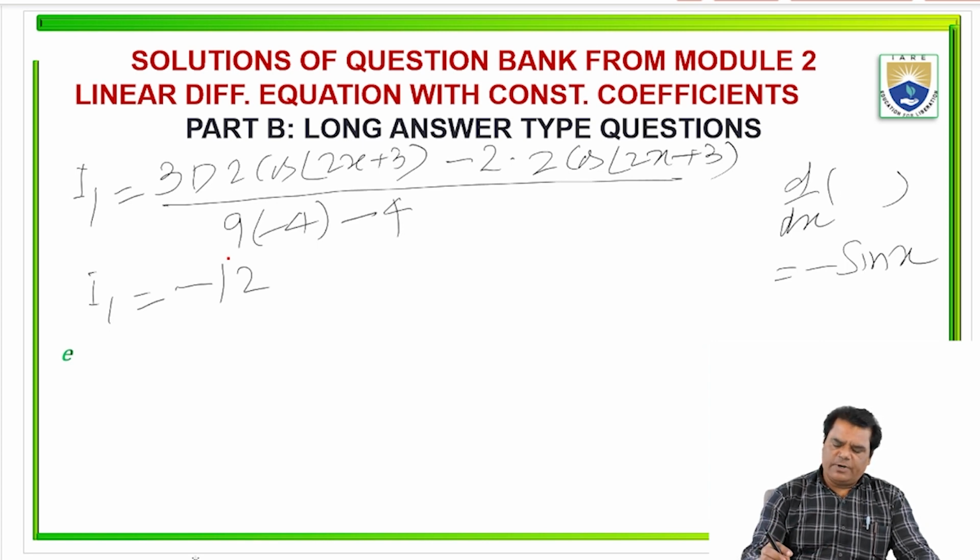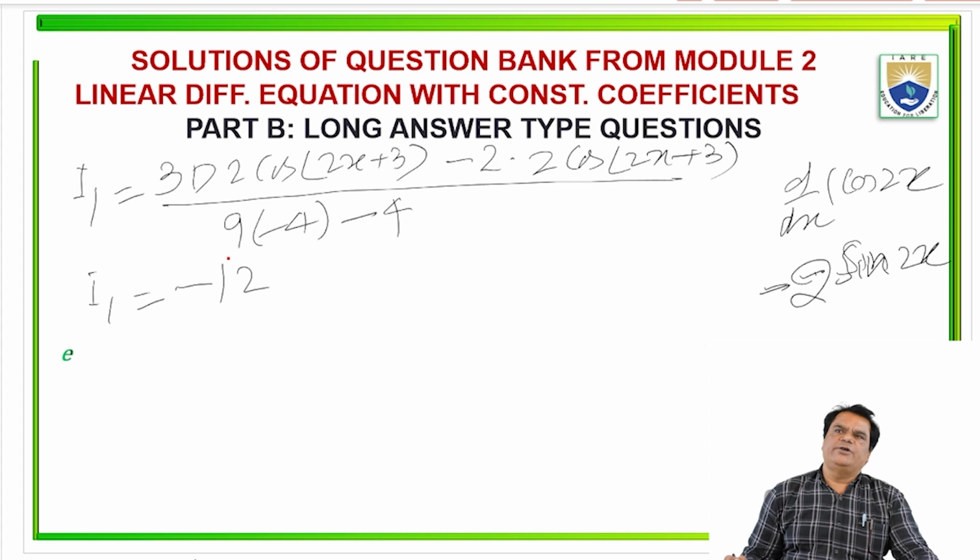Here multiply formula of cos 2x. Cos 2x, so minus sine 2x, into 2. d/dx of cos 2x is minus 2 sine 2x.